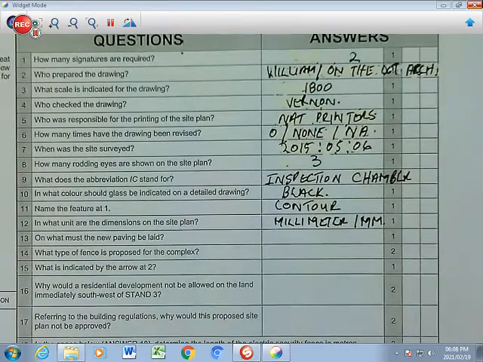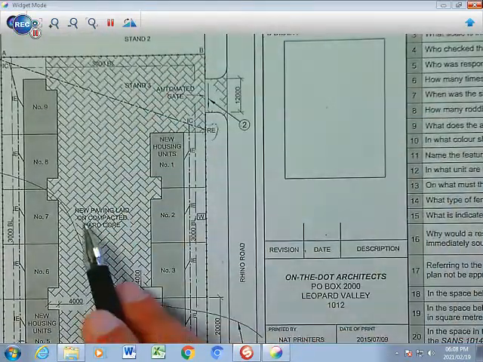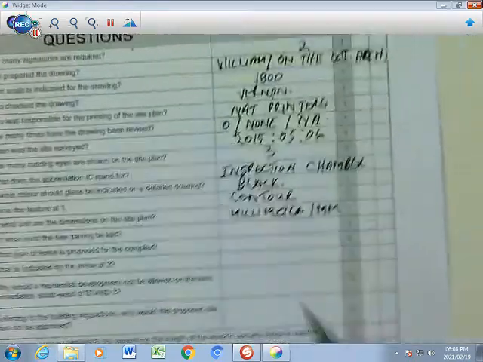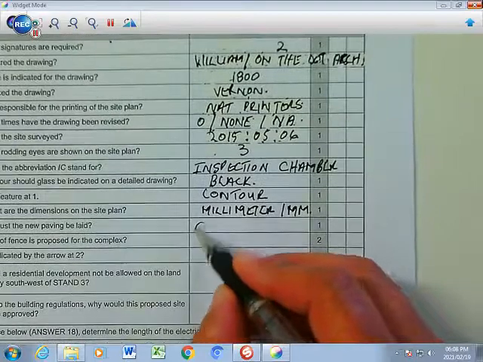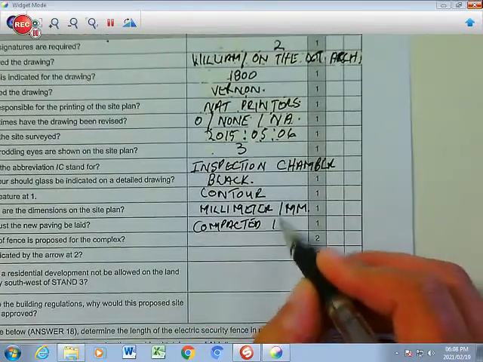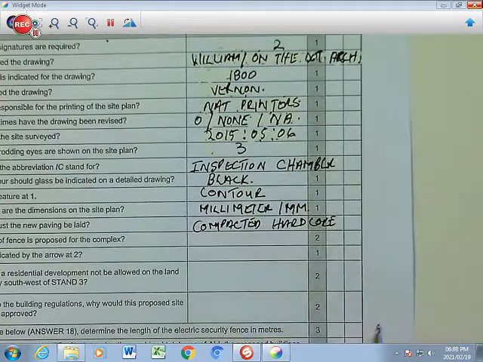On what must the new paving be laid? So we're going to look at the paving in the complex, and it will state the new paving laid on compacted hard core. So that's going to be compacted hard core. Okay.